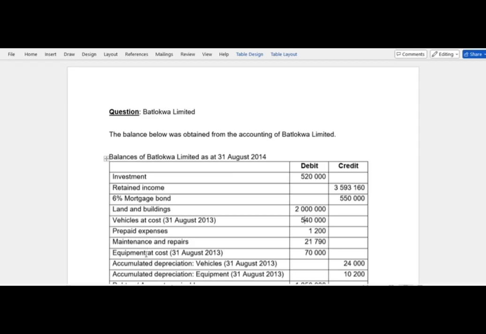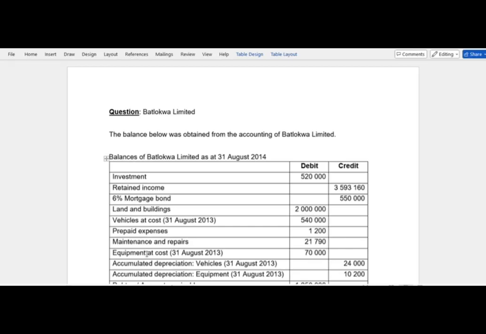Remember, since we are going to calculate expenses or costs that must be recorded in the statement of profit or loss, we have to be clear that all the expenses for the year are dealt with, whether the expenses were paid or still outstanding or accrued. We have to consider them in the statement of profit or loss for the whole year.